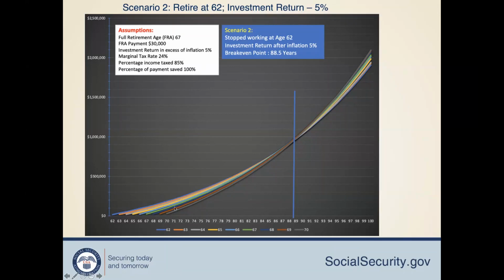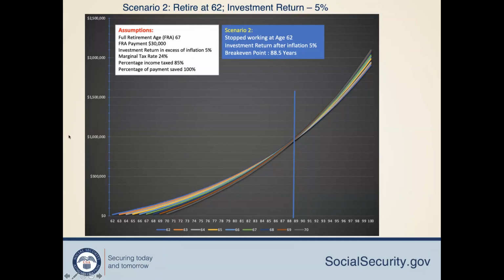Ultimately, if you assume that you are definitely going to get 5%, then it doesn't really matter when you start collecting. It all works out the same if the expected longevity is around 88 or 89. But if it is less than that, then it is better to start claiming early rather than later, as long as you are assuming 5% return.